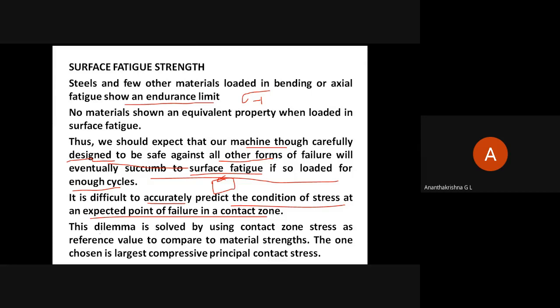Now, to overcome this dilemma, contact zone stress as a reference value may be taken and compared with the material strength. So, the reported surface fatigue strength has only an indirect relationship to the actual stresses that may have been present in the test case.